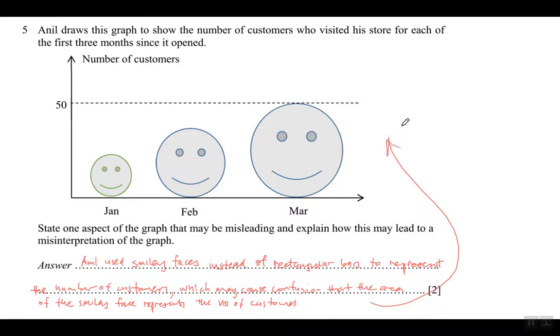Okay, so let's continue. For example, in March, the number of customers is 50, while in January it is about 20.